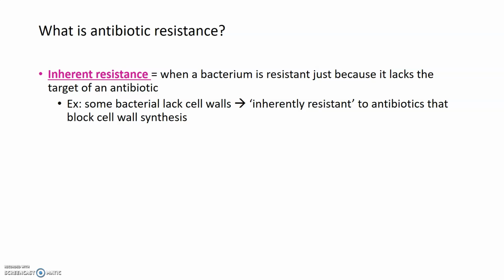As an example, there are some bacteria that lack cell walls. They're called mycobacteria. And these bacteria are inherently resistant to antibiotics that target cell wall synthesis because if you don't have a cell wall, it doesn't matter if the antibiotic attacks a cell wall, it won't affect you.